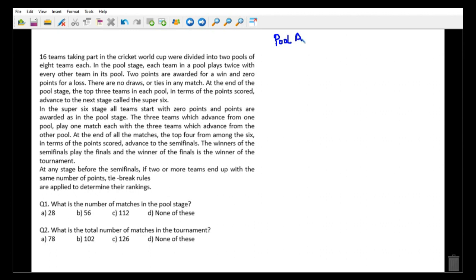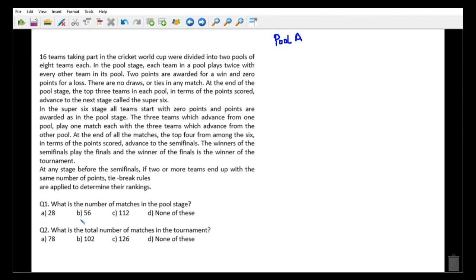So it is always advised that you make a complete flow chart of the different stages with the number of matches in each stage, so that you have clarity on what the flow is, how many matches are happening, how many teams are there in each stage, and it will eventually help you in solving the questions. So I'm going to make a complete flow chart over here which will help us in answering these questions.